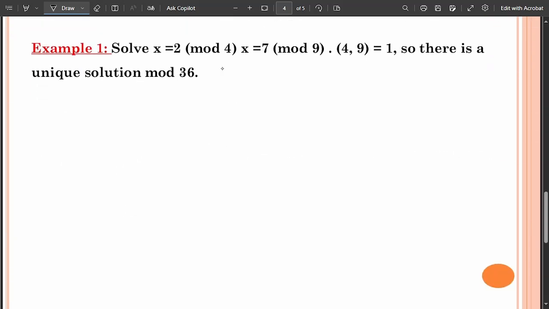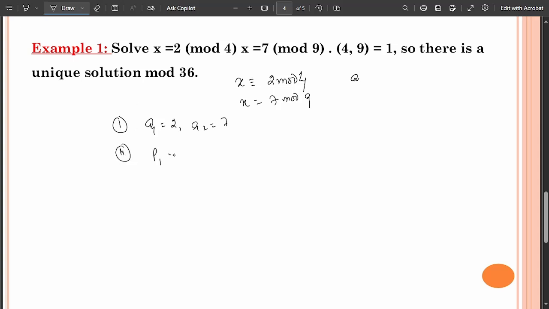Suppose we have two congruence equations: x is congruent to 2 modulo 4 and x is congruent to 7 modulo 9. So here a1 is 2 and a2 is 7. The first part is clear. Now we have to find p1 and p2.